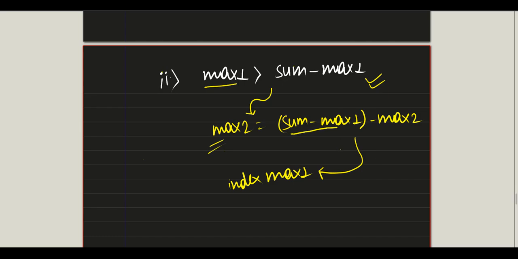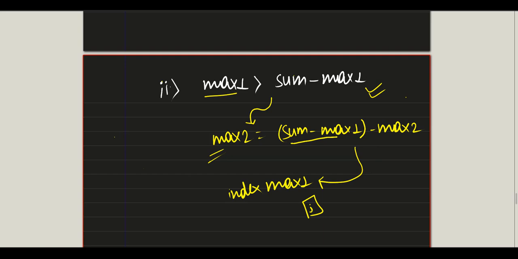If this equation holds, then the new array after deleting the max 1 element is good, and you just have to simply print the index of the max 1 element, and this will be our answer. So this is what I was telling you earlier. Case 1 and case 2 get resolved to a similar solution, and this is what I have shown you mathematically here.